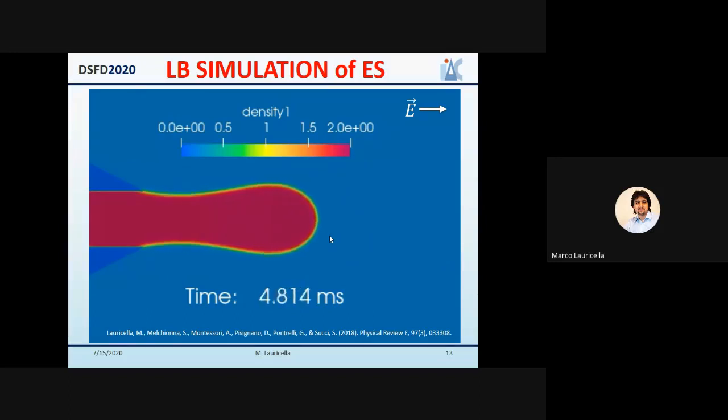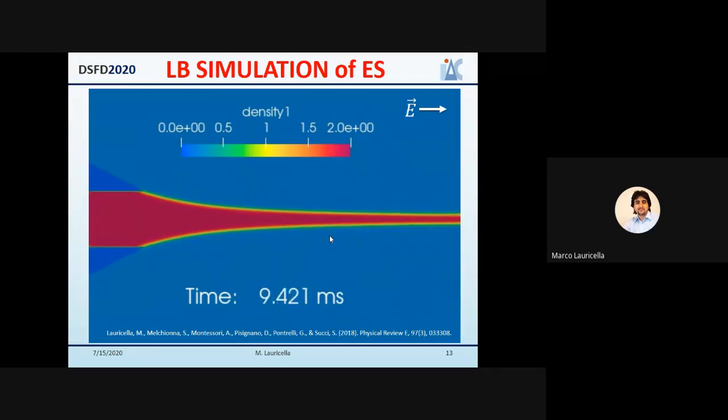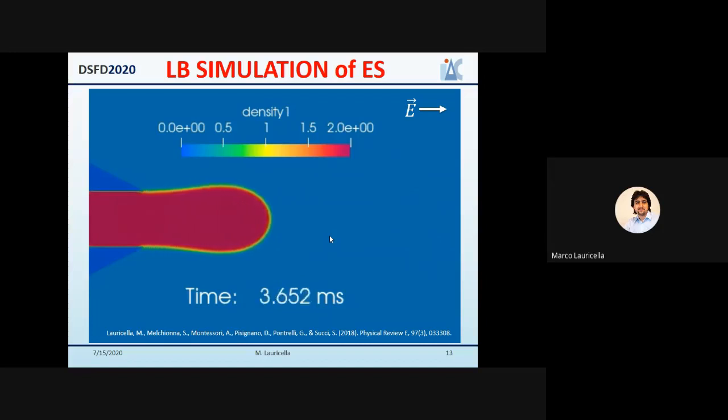Here, I report the simulation with the parameters taken from the polyethylene oxide. We can observe the initial formation of a droplet when the movie will restart. Okay, this is the initial formation of a droplet.